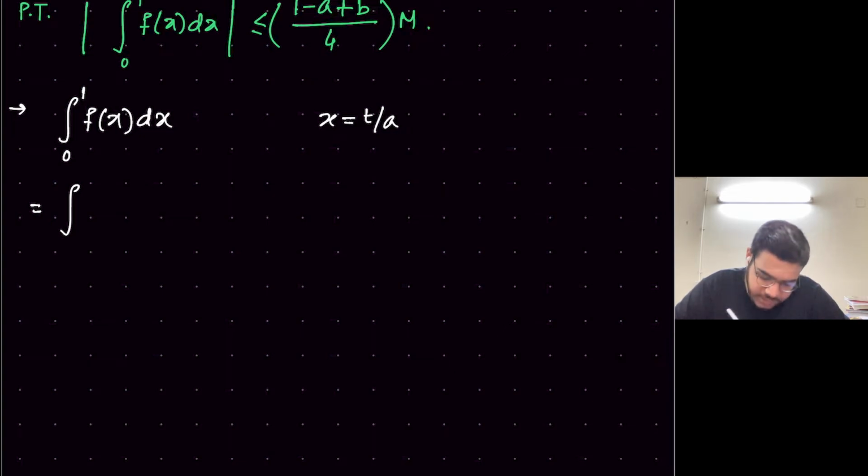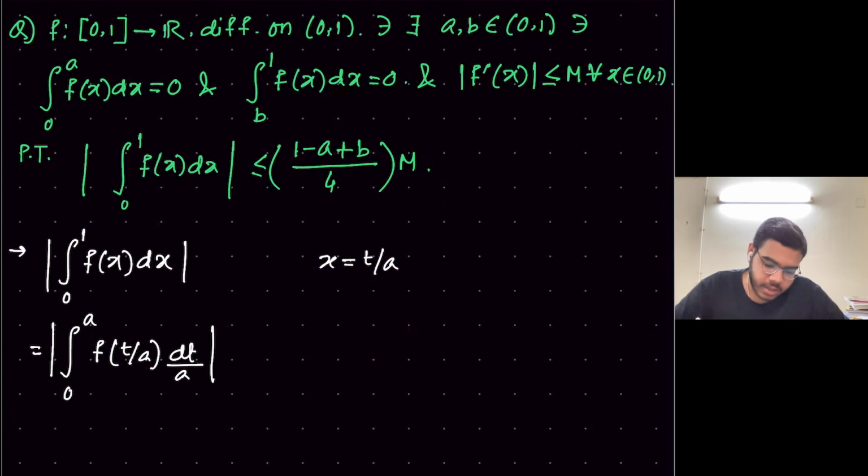So the overall integral will be the integral 0 to a of f(t/a) times dx, and dx will be 1 by a times dt, so this will be dt by a.